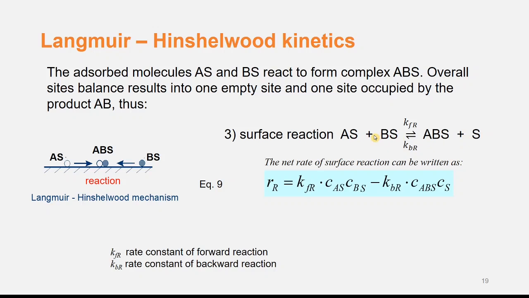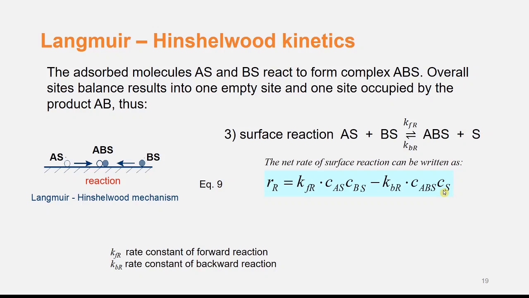If we denote the rate constant for the forward reaction with K subscript FR and the rate constant for the backward reaction with K subscript BR, then the net rate of surface reaction, R subscript R, can be written as the rate of the forward reaction, which is the rate constant, KFR, times the surface concentration of A, CAS, and the surface concentration of B, CBS, minus the rate of the backward reaction, so that's the rate constant, KBR, times the surface concentration of product AB, that's CABS, and the concentration of the vacant site, CS.